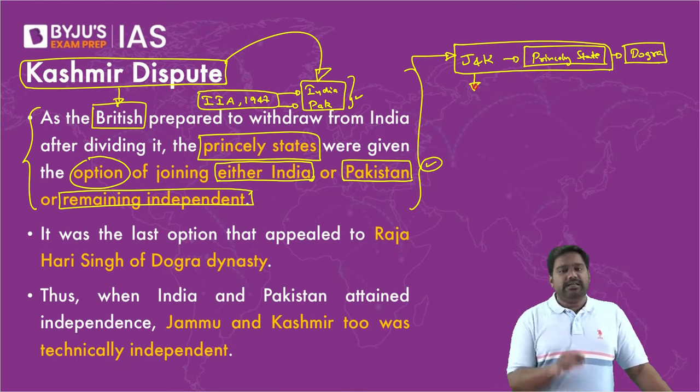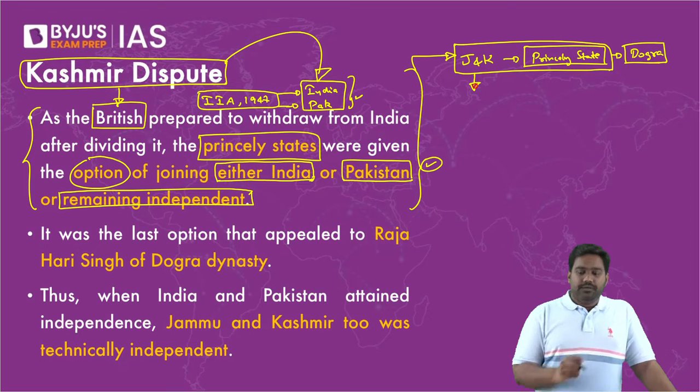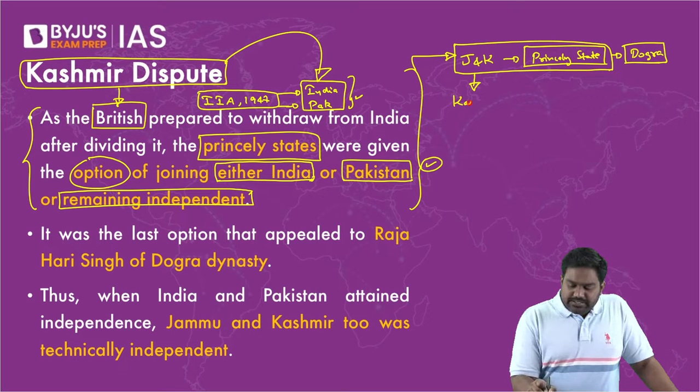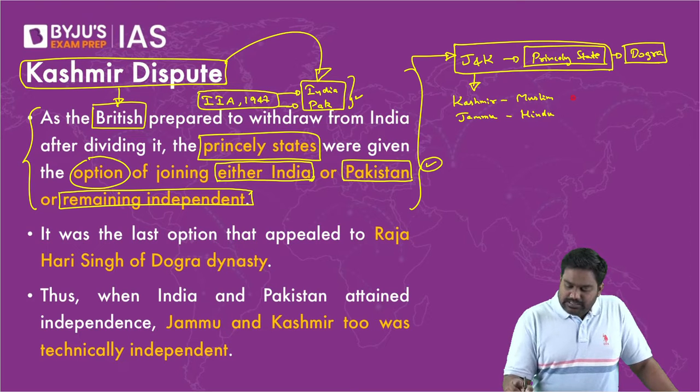Now J&K has a very unique demography, right? Kashmir is largely Muslim dominated. Jammu is largely Hindu dominated. And Ladakh, which at that point was a princely state of its own, was Buddhist dominated.